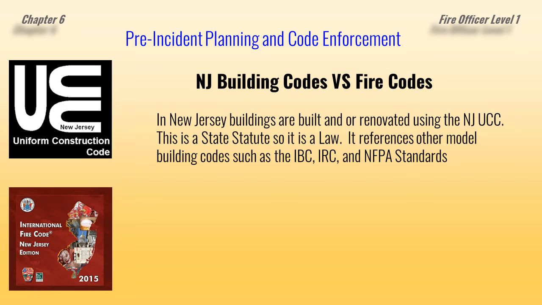And again, they may reference a model code such as the International Building Code or the International Residential Code and other NFPA standards. So renovations, things like that, all come under the building code, the Uniform Construction Code.